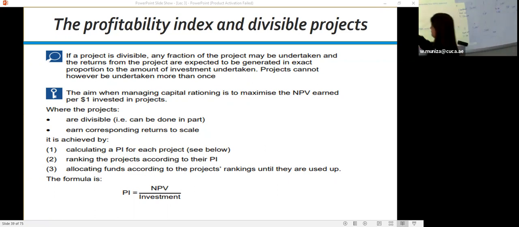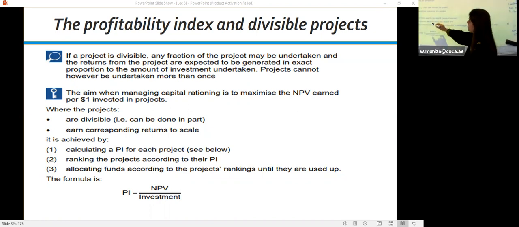Where the projects are divisible, it can be done in part and earn corresponding returns to scale. It is achieved by calculating a profitability index for each project using this formula, ranking the projects according to their profitability index, and allocating the funds according to the project's ranking until they are used up.